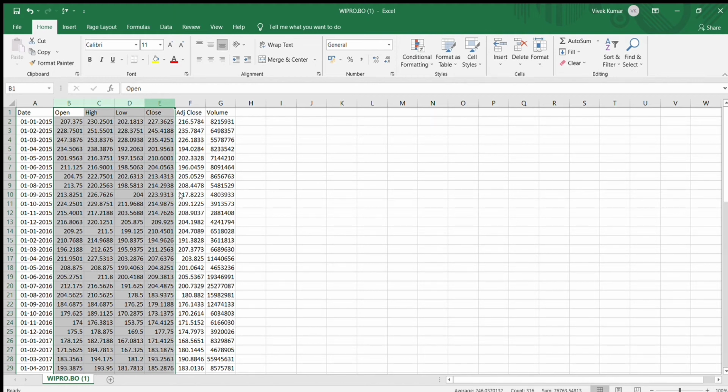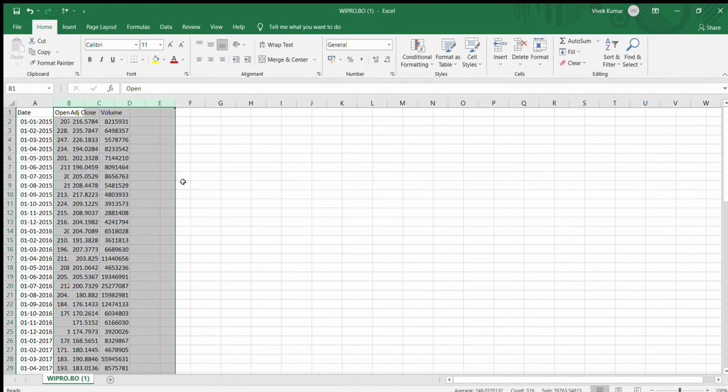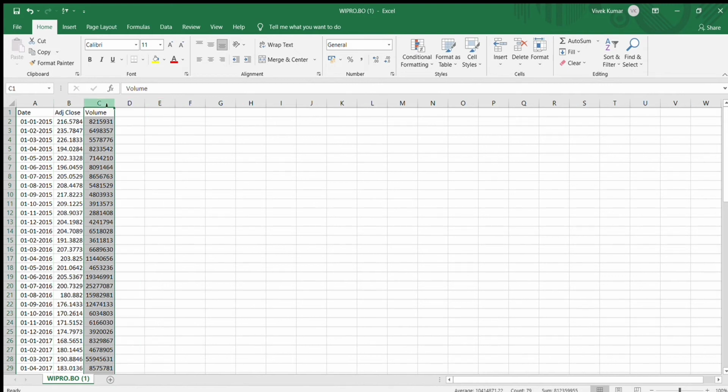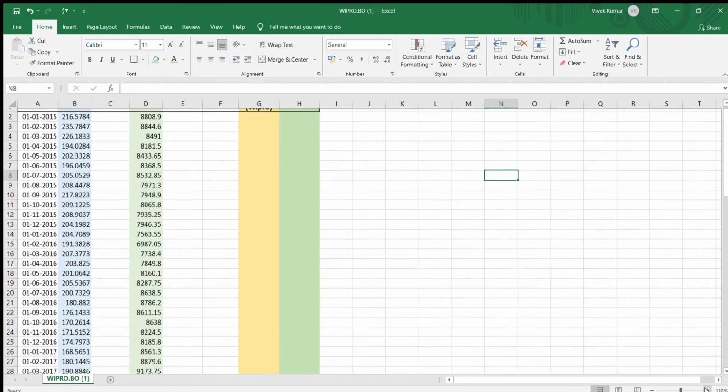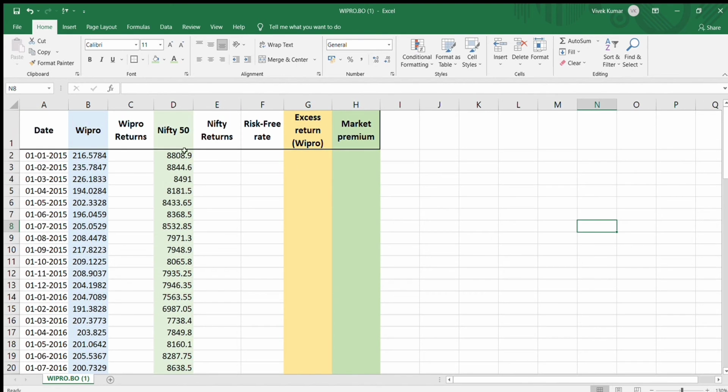Adjusted closing is basically the price adjusted after paying dividends. Just like Wipro, I have also downloaded the market, which is Nifty 50.